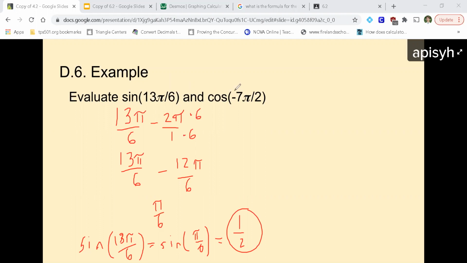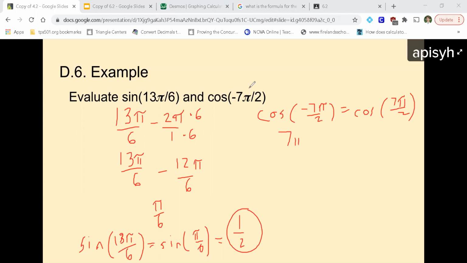For cosine, this negative angle, remember that cosine is even. So the cosine of negative 7 pi over 2 is the same as the positive angle of 7 pi over 2.